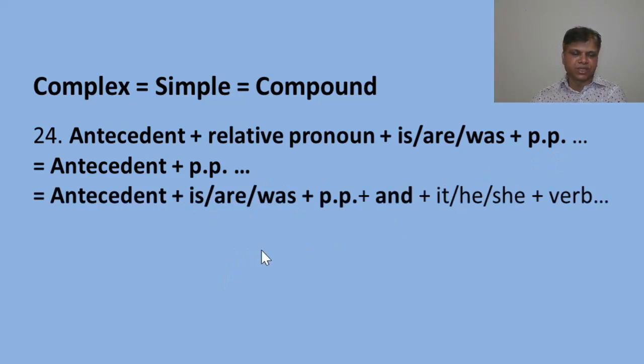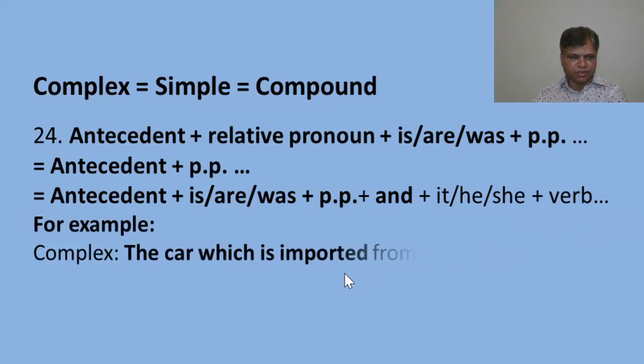If you want to make it a compound sentence, we have to omit the relative pronoun first, then use the antecedent, passive form, and a portion of the sentence, then you have to use "and". Subject will be it, he, she, and verb and the rest of the sentence.